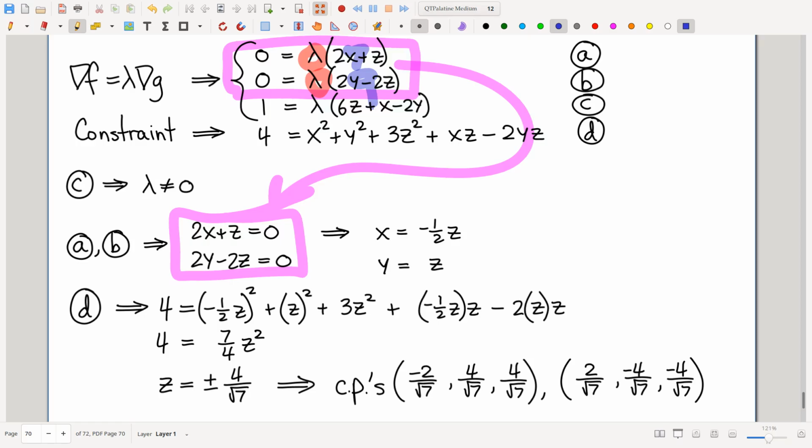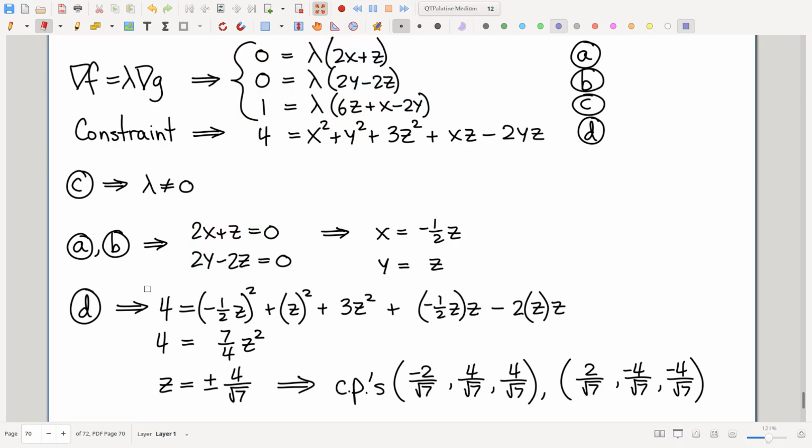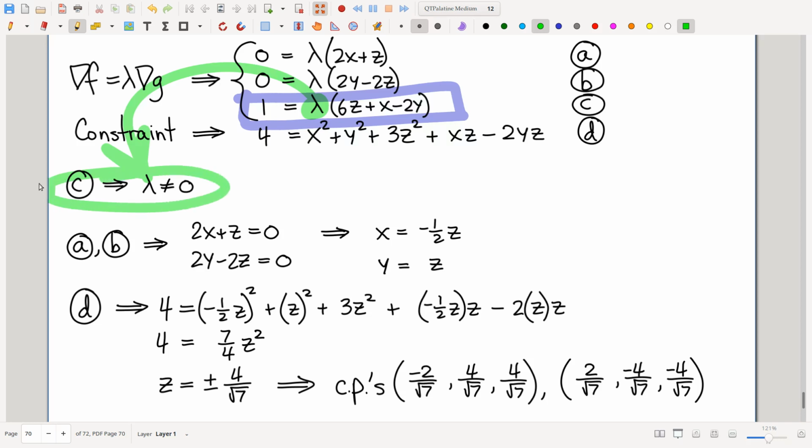That's a dangerous whoopsie. Now, it's easily fixed, and it's fixed by looking at this equation. This equation does immediately tell us that there's no way lambda could be 0. Right? 0 is not a factor of 1. Doesn't matter what you multiply by 0, you'll never get 1.